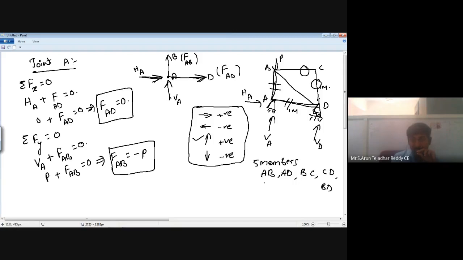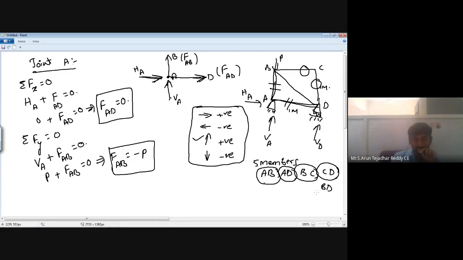In these 5 members, AD is completed, AB is completed, next C to B is 0, and C to D is also completed. It means totally 4 member forces are completed except BD.